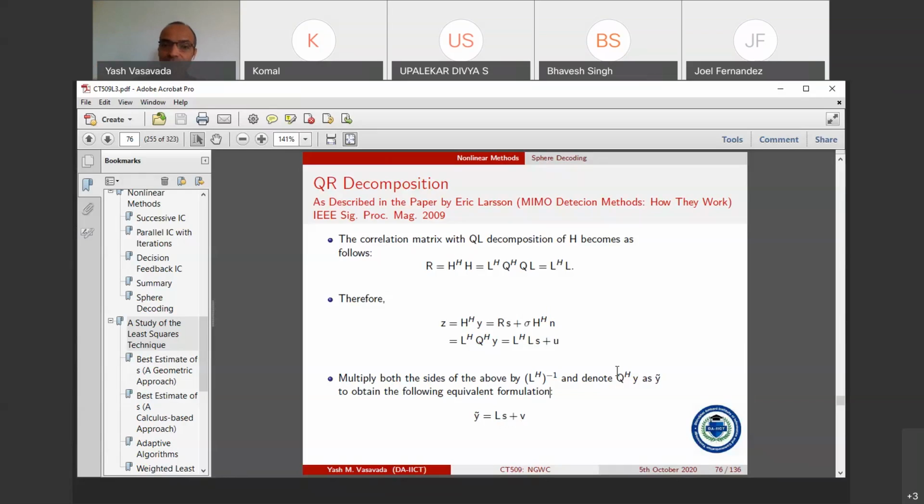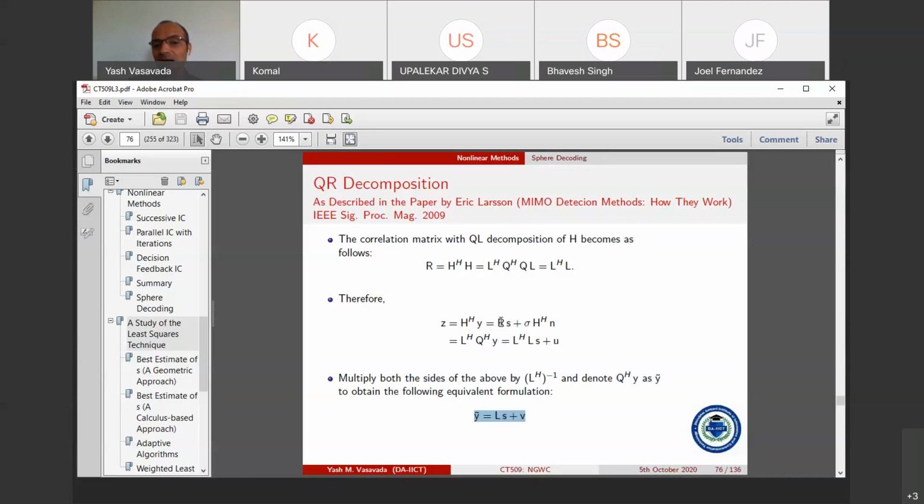We have to first determine what Q matrix is, and for that we have to do QR decomposition. But once we do that, then this part here is computationally the same as SUMF. We are just doing a bunch of projections. And then the resultant equation that we get is sort of like the SUMF equation only.